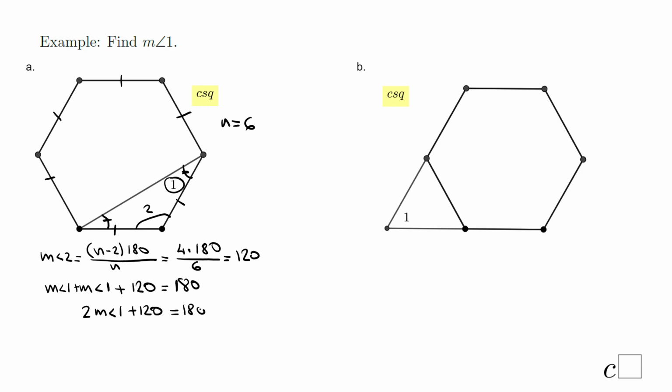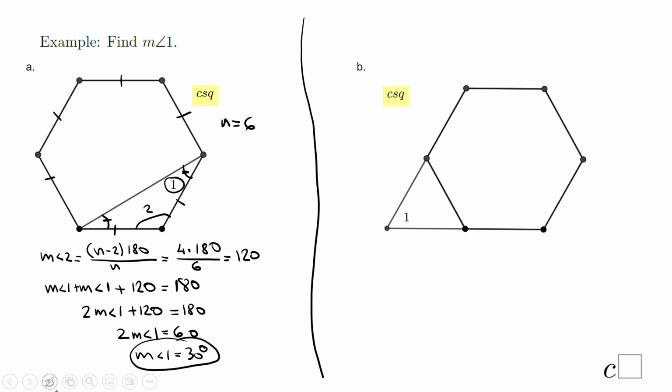I'm going to subtract 120 on each side. So we get 180 minus 120 is 60 degrees, and the measure of angle 1 is 30 degrees. Okay, so don't forget, this is an isosceles triangle. Very easy to find the base angles, as they are called.